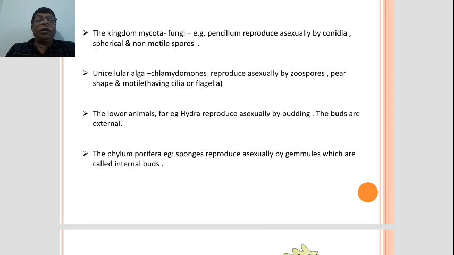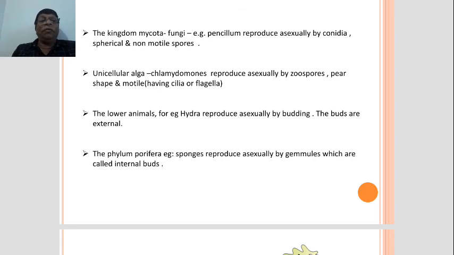Similarly, we shall examine asexual reproduction in lower animals. Lower animals means, for example, the phylum Coelenterata. Coelenterata includes Hydra and Obelia. How does Hydra reproduce?